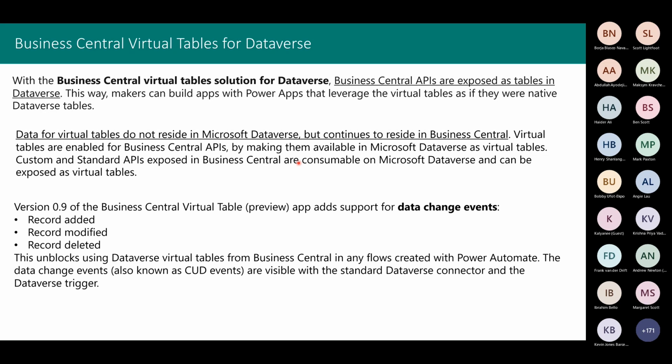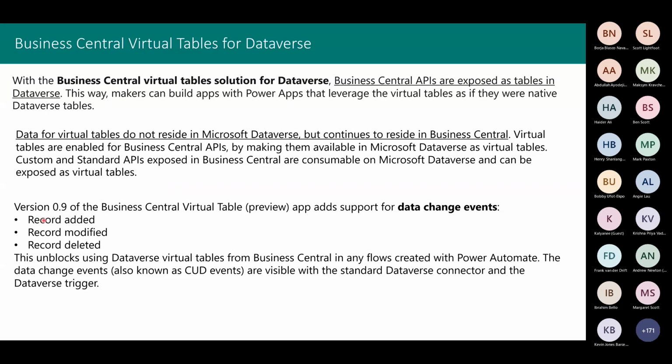Important to remember is that the new change that comes from Business Central 21 is a new version of the virtual tables for Dataverse application. This new application permits you to support data change events, so it supports events that come from Dataverse.